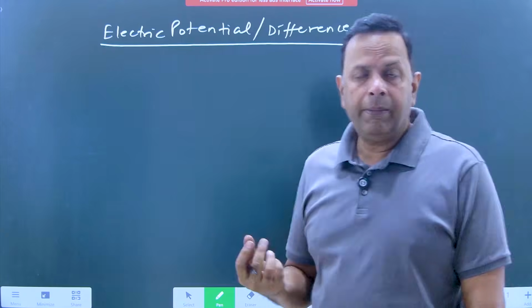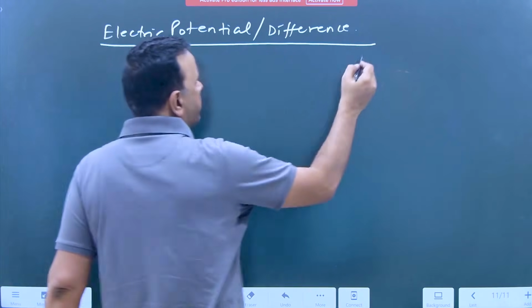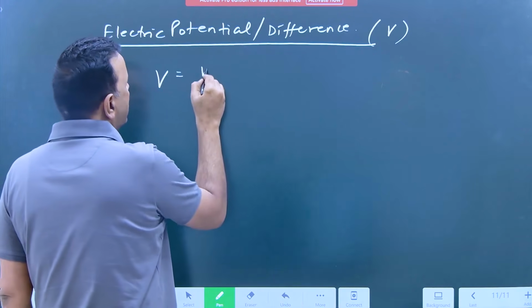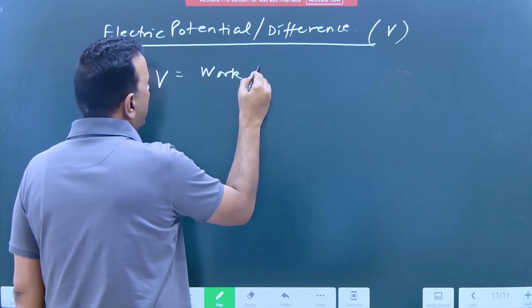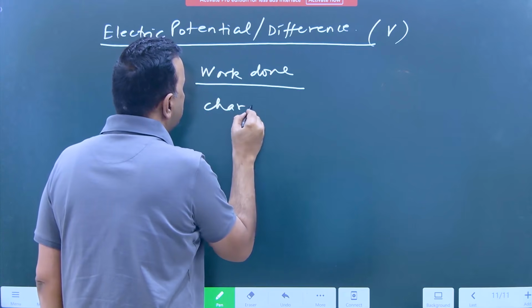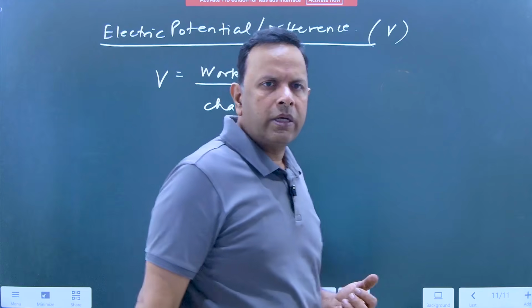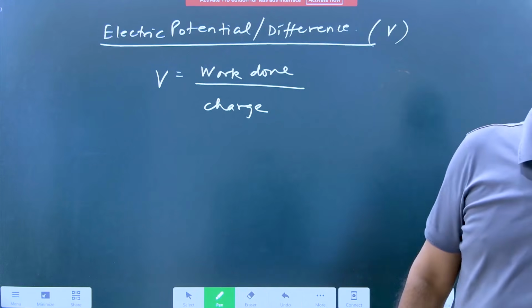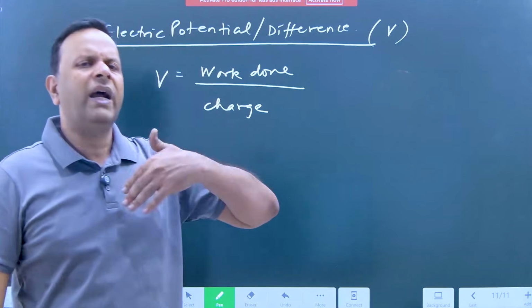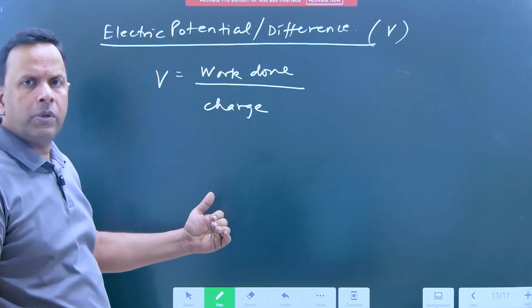Well, we have to write the dimensional formula of it, V, electric potential difference V. Now it is defined as work done per unit charge. This is how we define the electric potential: work done per unit charge. Yes, from infinity to that point. The definition goes a little lengthy. Our formula part is work done upon charge.